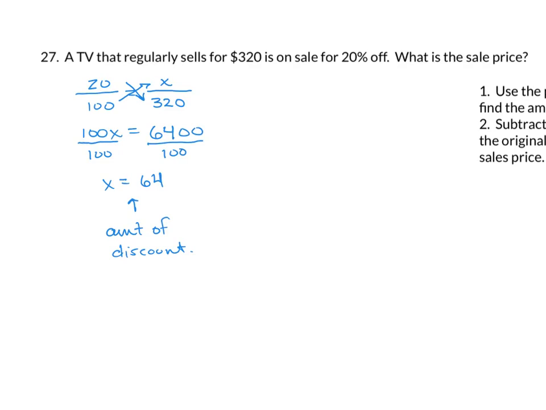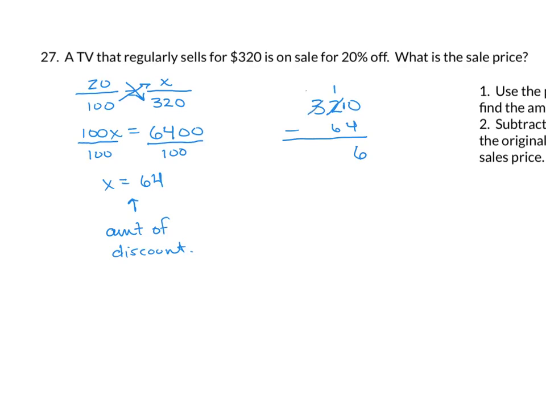To find the sale price, we're going to take our original price of the TV, and we want to subtract 64. So in order to do this, I'm going to borrow from the 2, make it a 1. And the 0 becomes a 10. 10 minus 4 is 6.